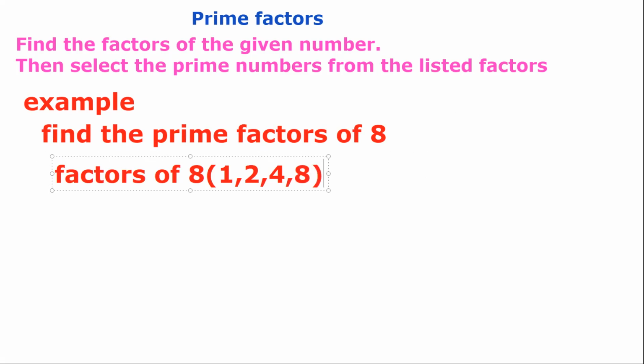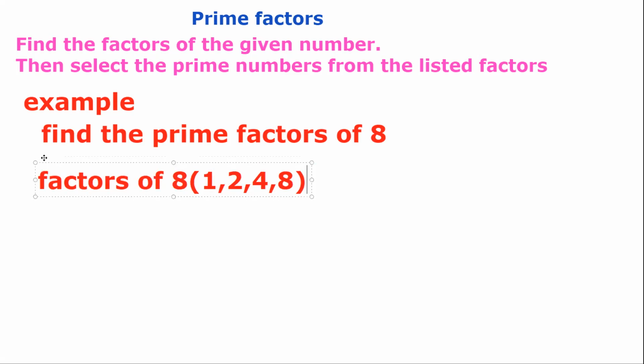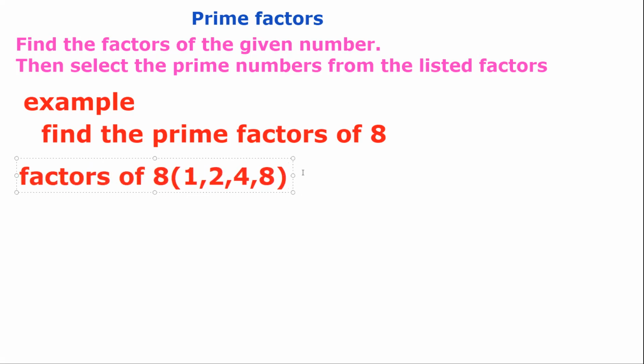Okay. So when you have your factors of 8, within the factors of 8, which of them is a prime number here? Okay, then you check. Factors of 8, we have 1, 2, 4, and 8. So the only prime number in the factors of 8 is 2.